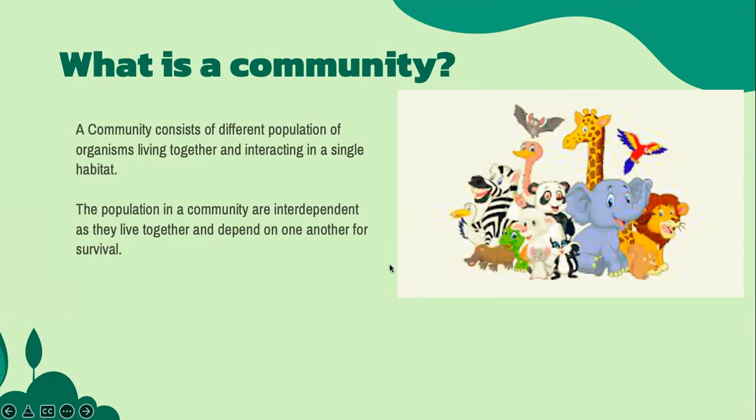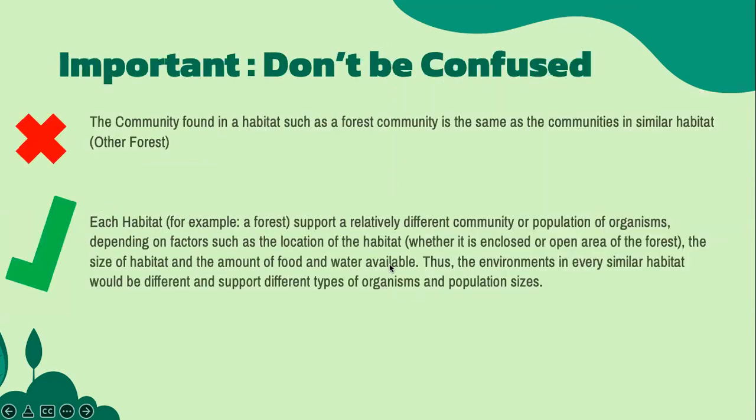All right, next. Some important things, do not be confused. People always think that the community found in a habitat such as the forest community is the same community found in similar habitats like other forests. This is wrong. Why do I say so?